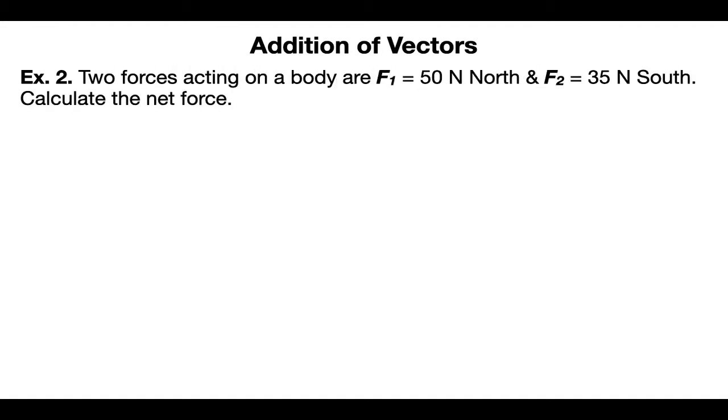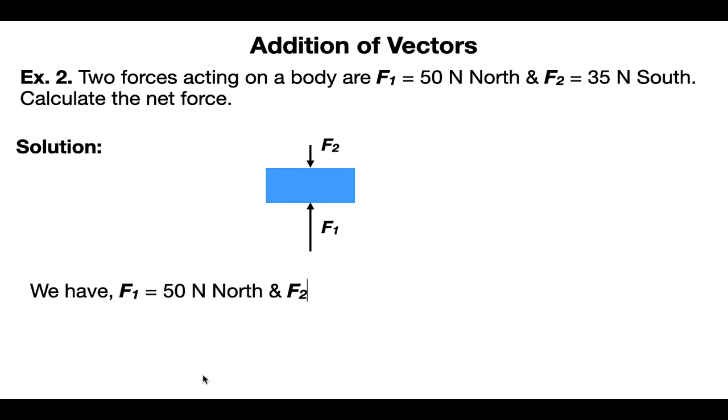Another example, the forces F1 and F2 are 50 Newton north and 35 Newton south. We have to calculate the net force. We have a block subjected to two forces, F1 50 Newton north, F2 35 Newton south.